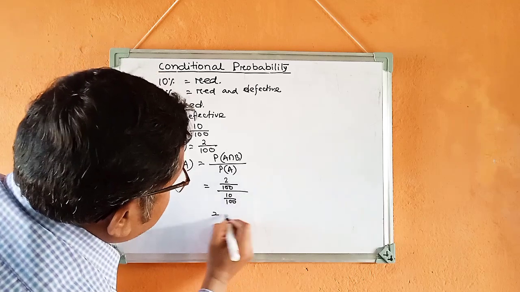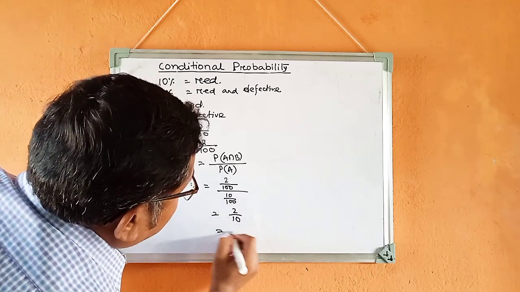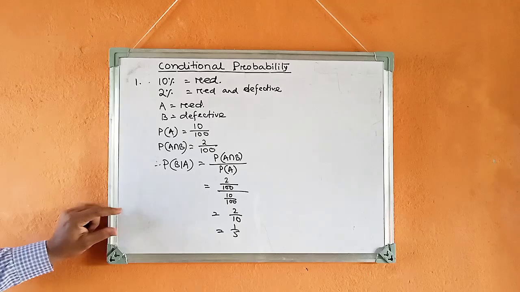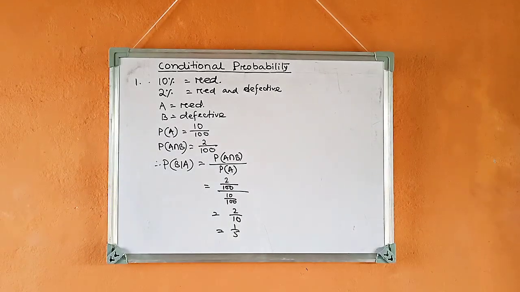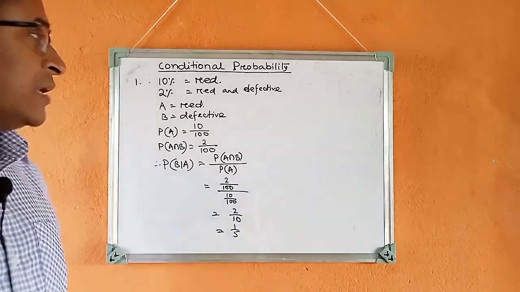After calculation we get 2 divided by 10, or 1 by 5. This is the answer. I hope all of you are clear.